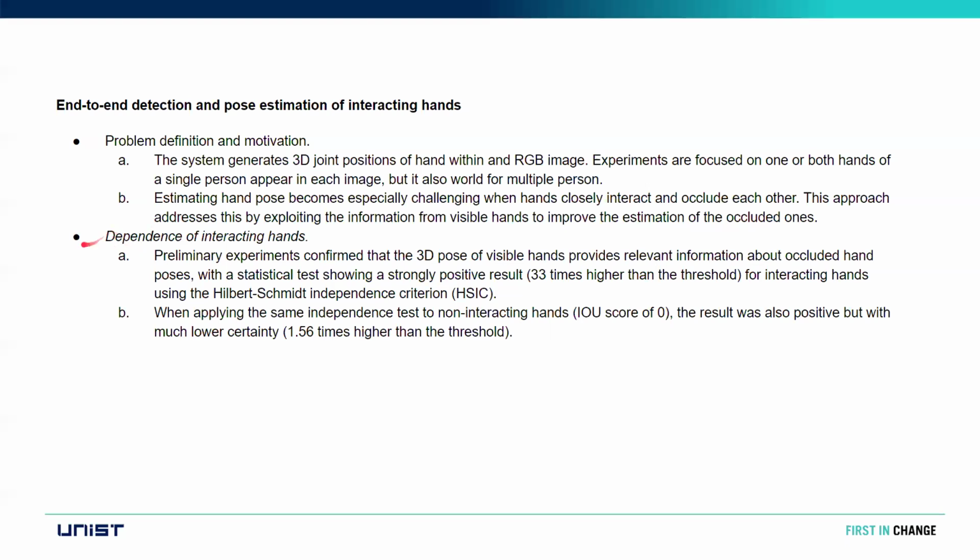They did an experiment on the dependency of interacting hands, and through the Hilbert-Schmidt independence criterion, they found that the dependency of the occluded hand on the visible hand is very high. When they applied the same thing to non-interacting hands, the results were much lower, which makes sense. I'm not sure how to do this experiment, but through this statistical experiment, they show their motivation.